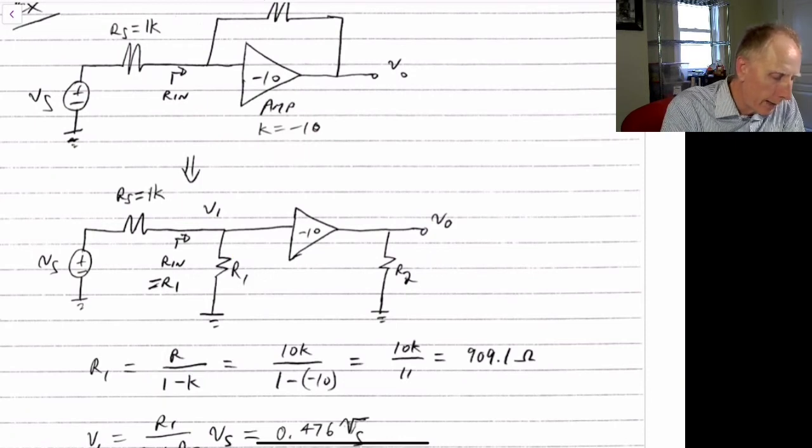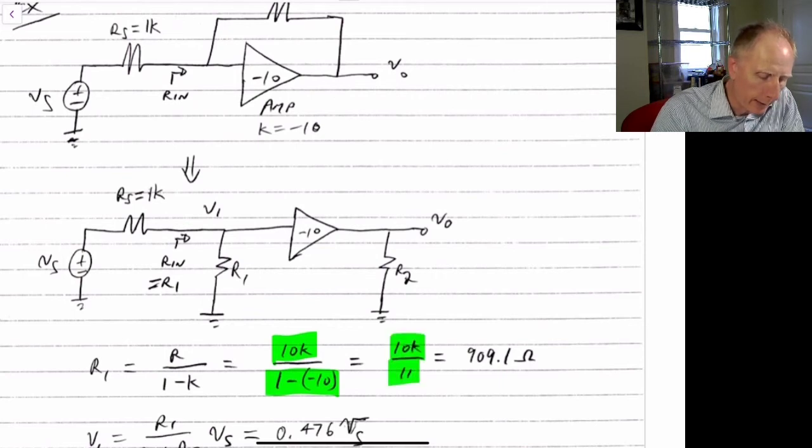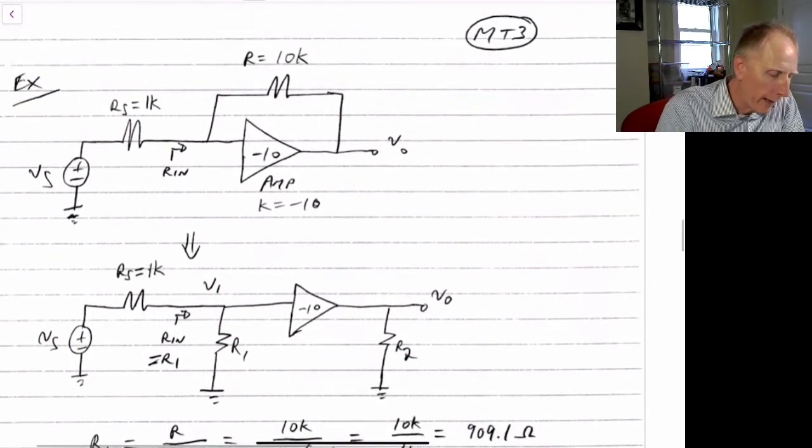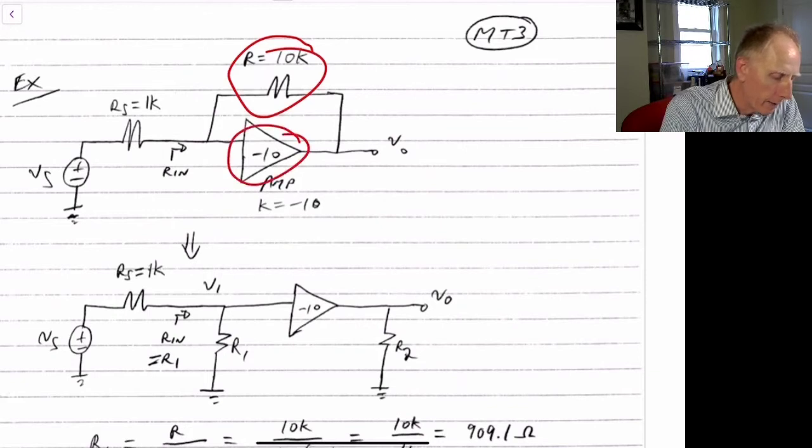So we'll have 10K divided by 1 minus negative 10, which becomes 10K divided by 11. So it's only 909 ohms looking into it. Although we have a 10K resistor right here, the gain of minus 10 makes this impedance look like 909 ohms.